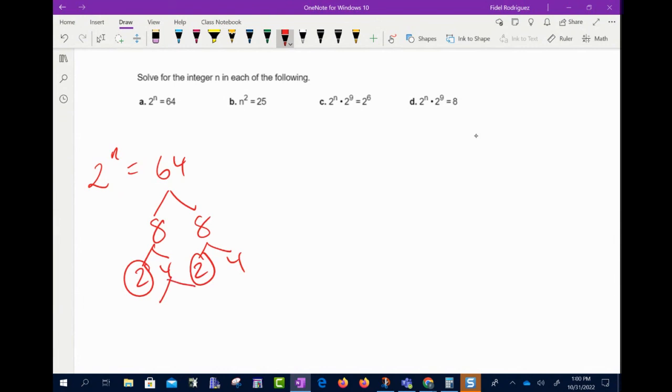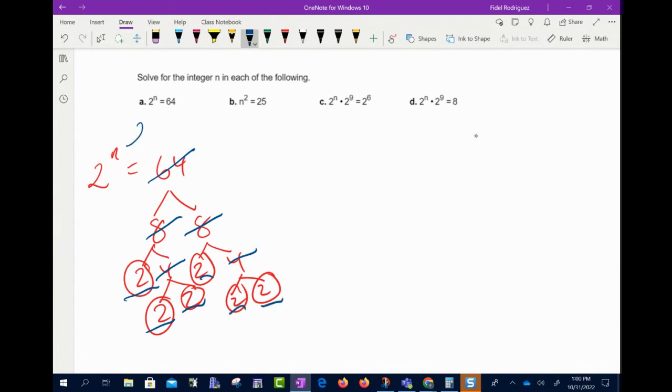But when I think of 4, I think of 2 and 2. So what I'm doing here is looking at all the numbers that I have at the bottom. I'm not looking at the 64 anymore. I'm not looking at the 8's, and I'm not looking at the 4's. I'm just looking at these numbers here. So I would say 2^n equals 1, 2, 3, 4, 5, 6.